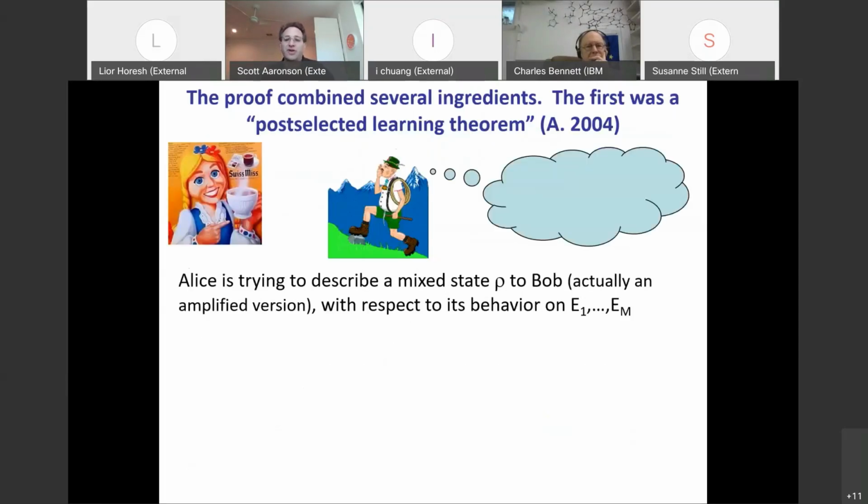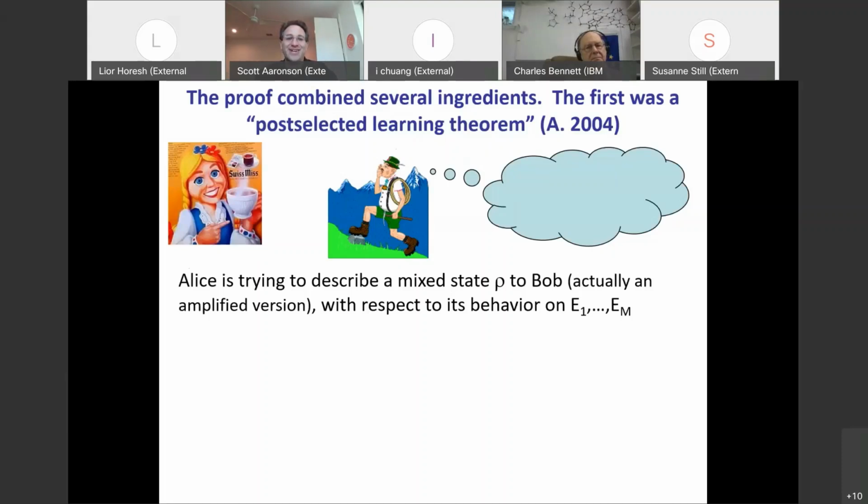So the proof really involved putting together a few previous ingredients in quantum information. Now, a first ingredient was something that I called the post-selected learning theorem. Okay, so way back in 2004, when I was a grad student, actually I believe I was visiting IBM, Yorktown Heights, when I proved this theorem.